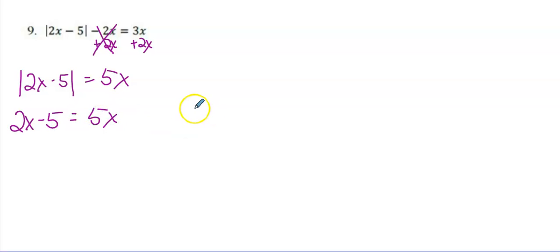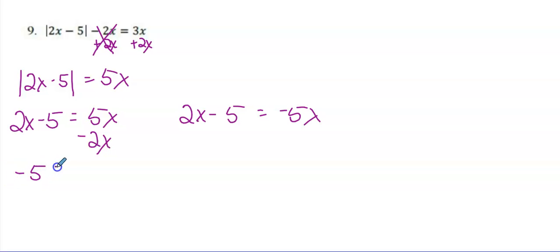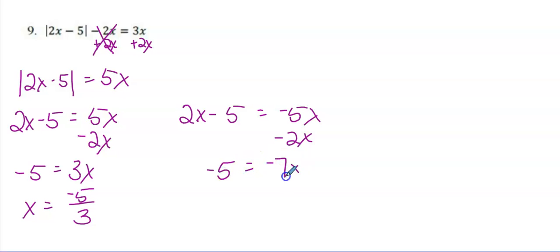Set it up equal to positive and negative. Okay, so let's subtract 2x. -5 equals 3x. Divide by 3. X equals -5/3. Subtract 2x here. -5 equals -7x. Divide by -7.